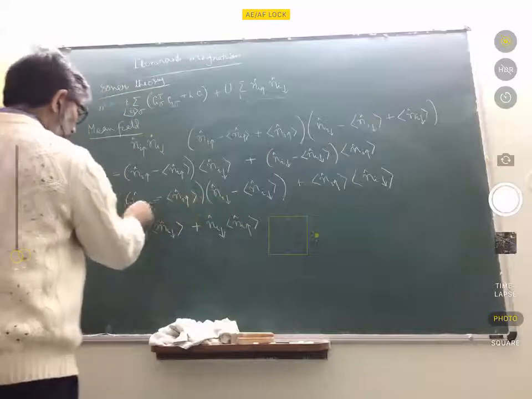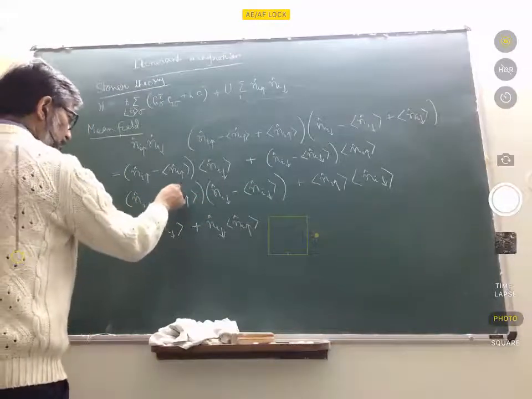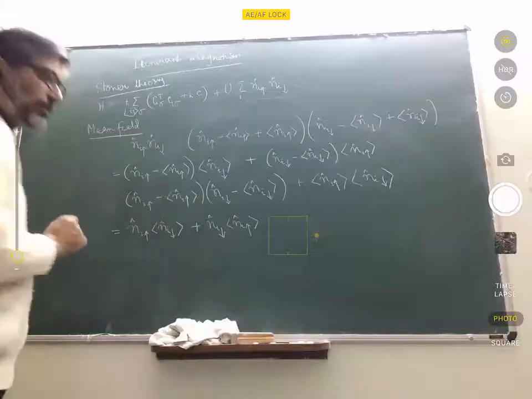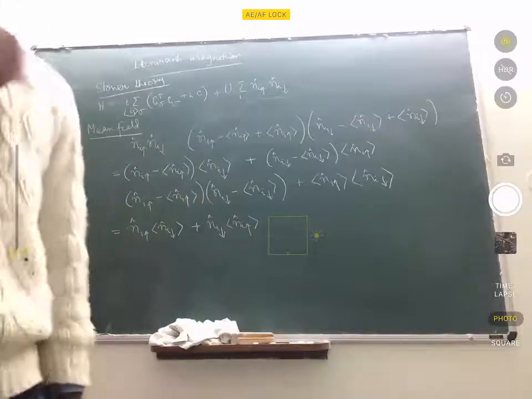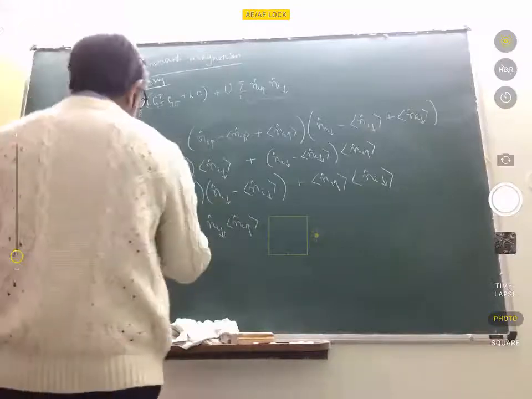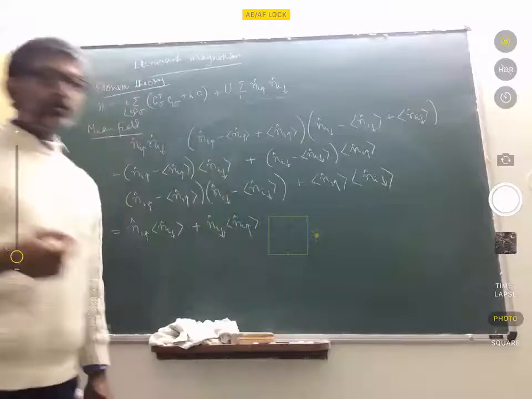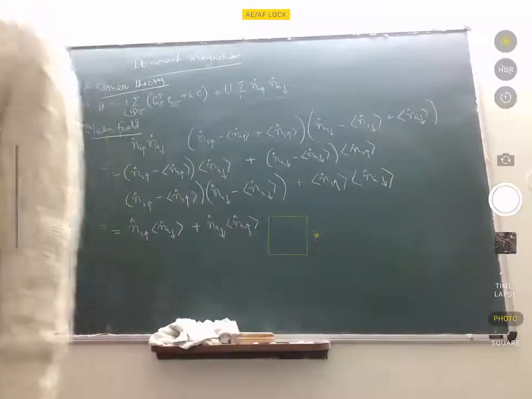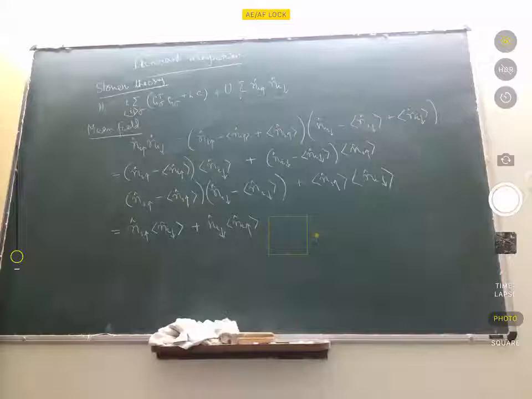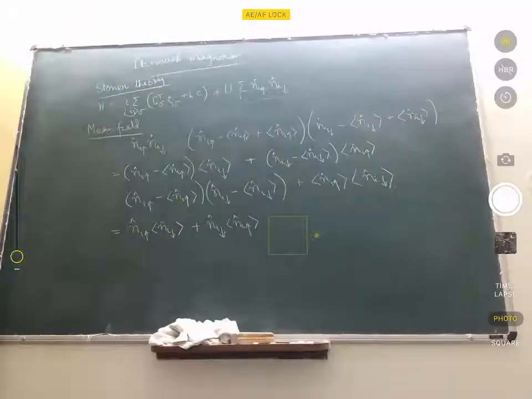Now, what is this? This is the number operator of upspin minus the expectation value of the number operator of upspin, which is the fluctuation about the mean of the number of upspin electrons. Similarly, this is the fluctuation in the number of downspin electrons around the mean value. So the product is a product of two fluctuations.